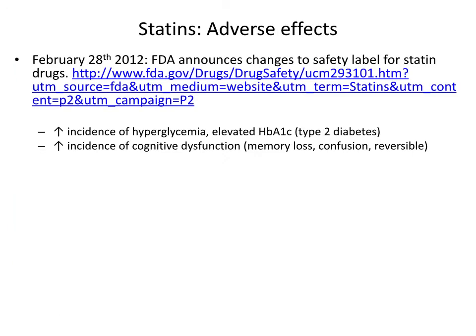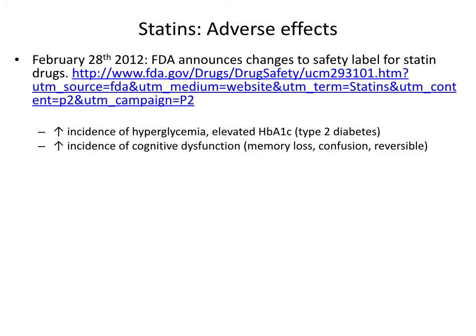Adverse effects. A lot of people take these drugs, and they work really well for most patients. But the FDA in 2012 put some warnings on the label for statin use because we saw increased type 2 diabetes in some patients. And remember, these drugs are first-line therapy for diabetics.